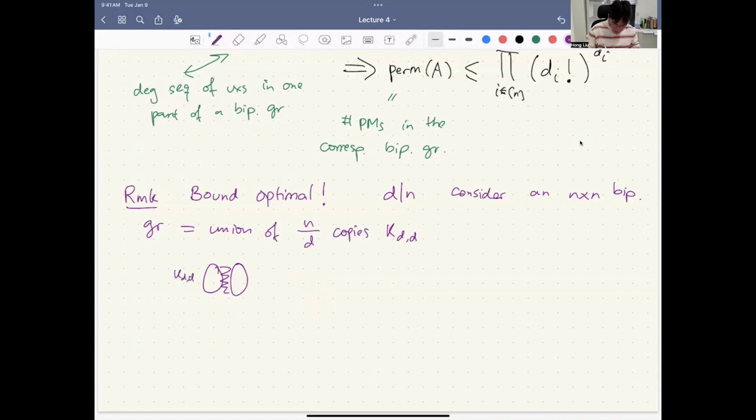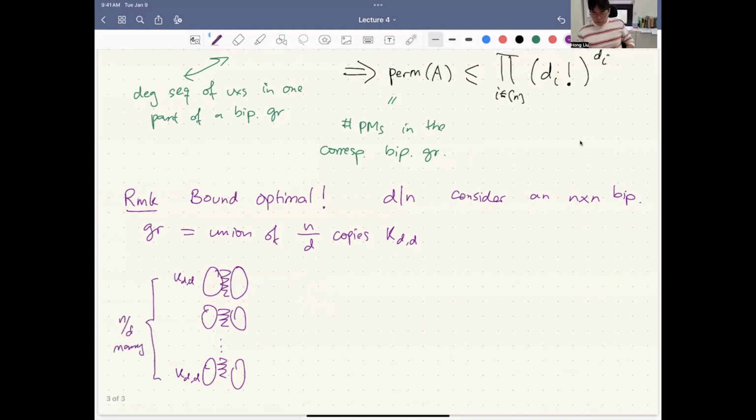You take N over D many, each one is a K_{D,D}, and we write it vertically. So we have one part with n vertices, another part with n vertices, in total n over d many copies.